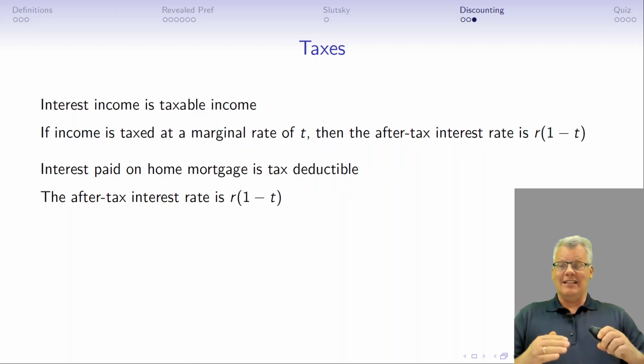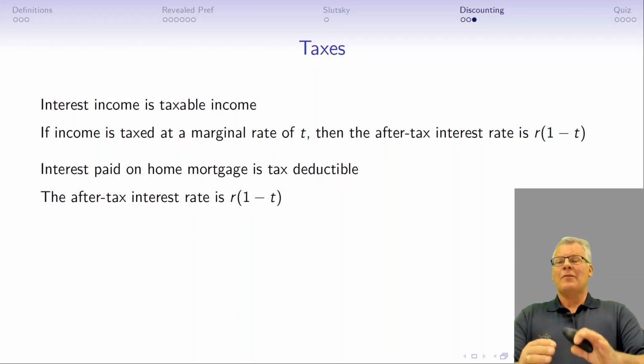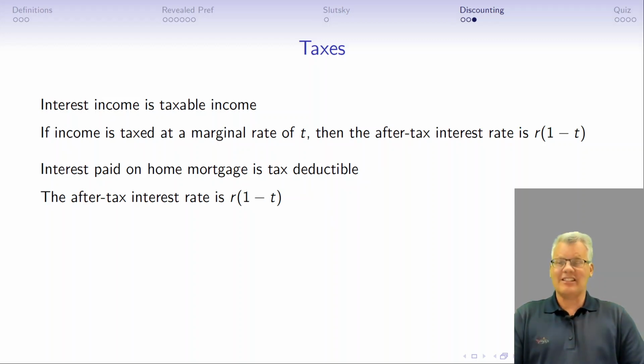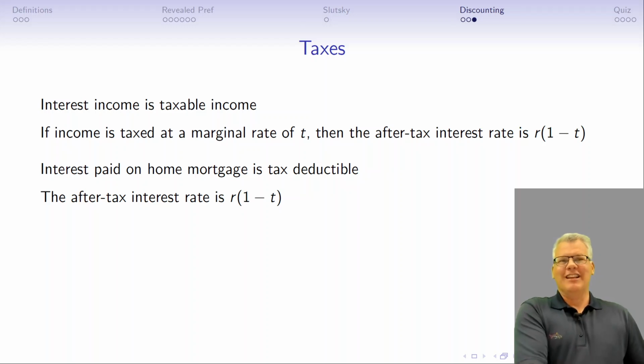What that means is if you pay $1,000 in interest, that reduces your taxable income by $1,000. So if you were in the 25% income tax bracket, paying $1,000 would reduce your tax liability by $250.